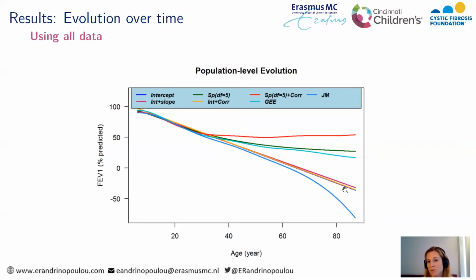These middle lines represent the linear models, and finally the blue with a steeper decline represent the joint model. So as you can see, the joint model actually predicts some negative FEV1 values. This can be explained by the fact that the joint model tries to predict what would have happened to the patients that died if they wouldn't have died. And of course, these patients had already small FEV1 values.